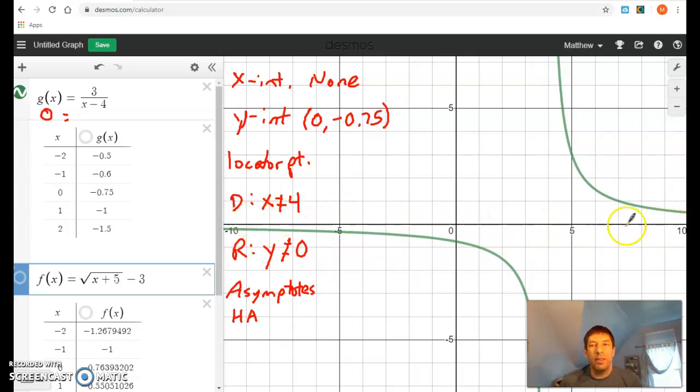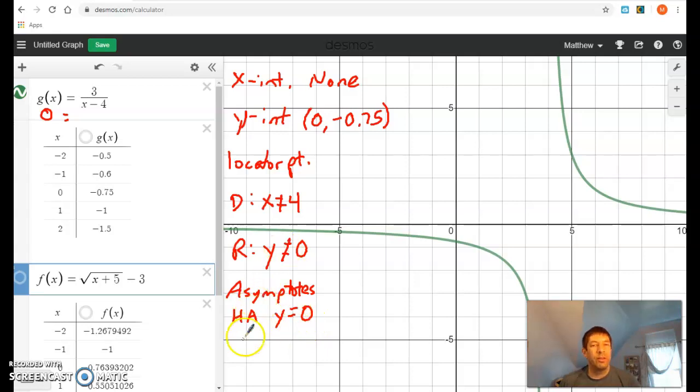And we can see that that line is right here at y equals 0. Remember, our range, y couldn't equal 0. Well, that's because we had this asymptote here at y equals 0. From both sides, as we go out towards negative infinity or positive infinity, the graph is getting closer and closer to a height of 0.